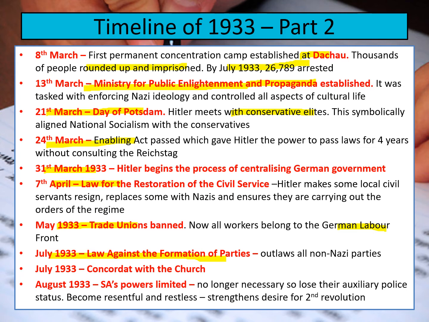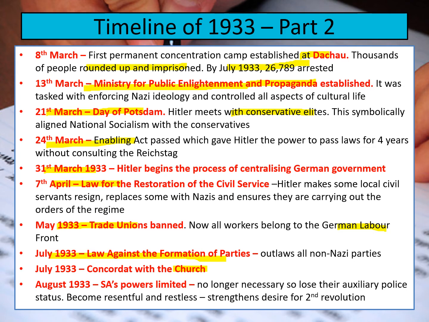Parties like the Catholic Centre Party have already voluntarily disbanded, and so the DNVP. The SPD has been banned since June. The communists have been arrested since February 1933. So there weren't very many opponents left at this point, but still the Nazis are officially creating this dictatorship using the Enabling Act, getting rid of all other parties and all other competition essentially.